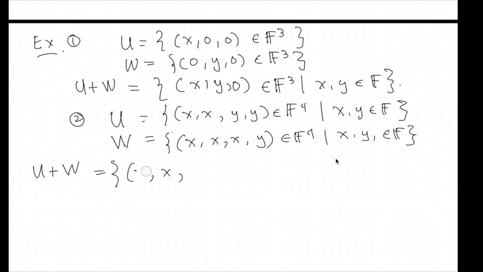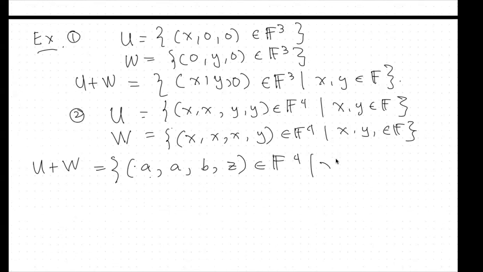Let me use different letters. For x, let's represent this as a, and this is also a, and x plus y we will represent as b, and then y plus y we will represent as z. So this is an element of F4, (a, a, b, z), where a, b, and z are elements of F. So these are examples of sums.